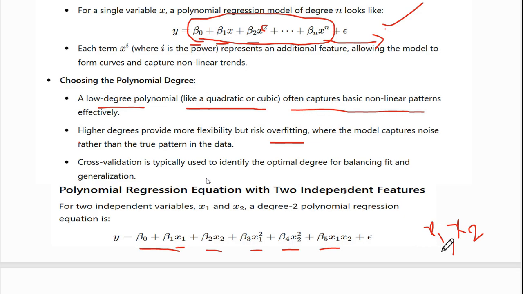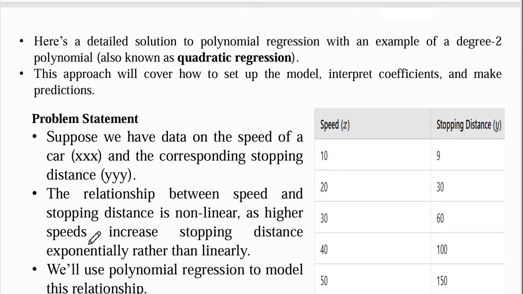All the combinations of x1 x2 are added, with coefficients beta naught to beta 5, and then some error value. This is the polynomial regression equation for two independent variables. What we observe here is that the polynomial regression equation becomes complex if the number of independent features is larger. That is also one of the drawbacks of polynomial regression.